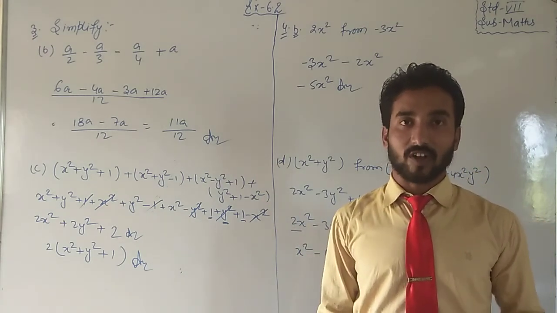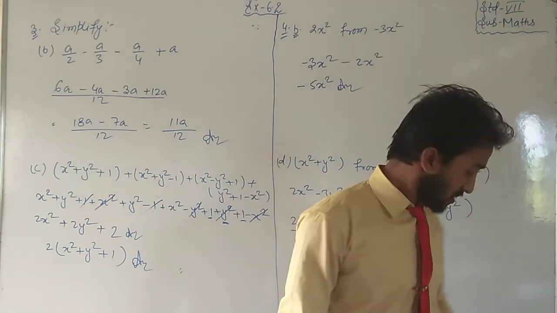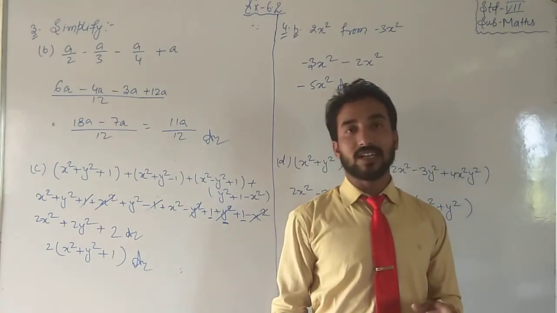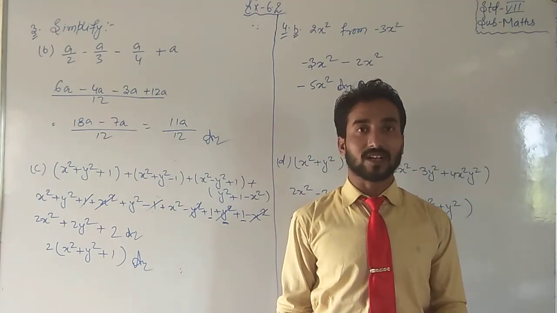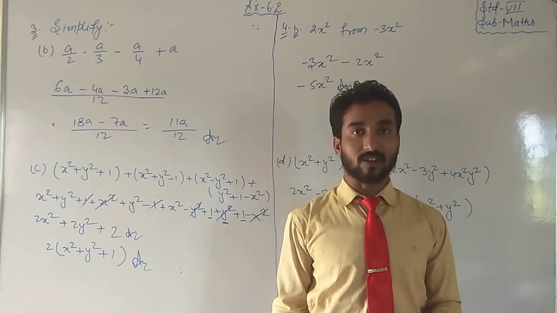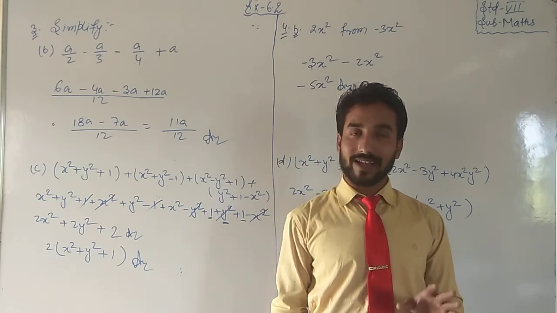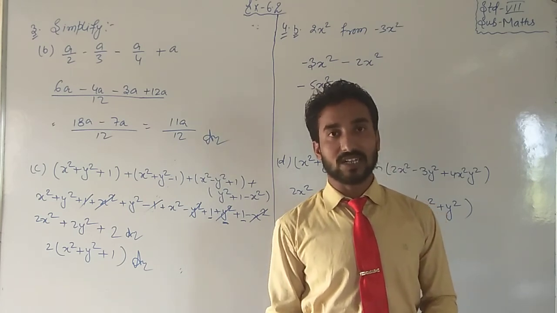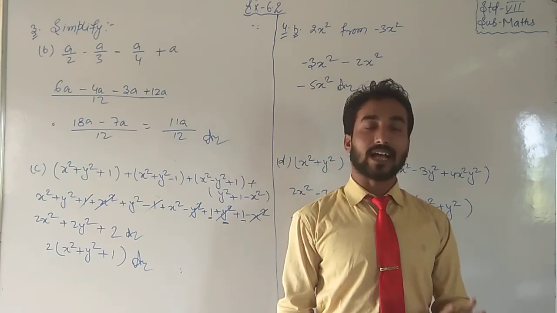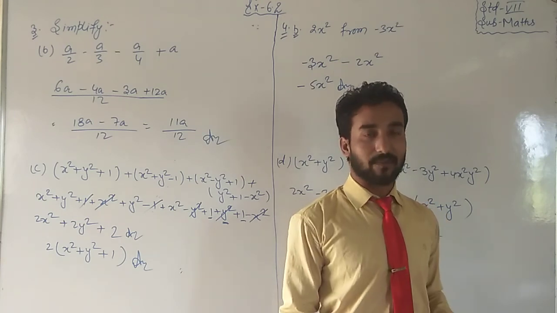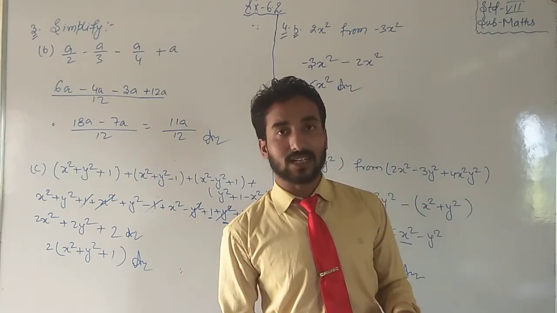Questions 5 to 10 will be done in the same way. I am believing in you that you will attempt all the questions. But if anybody has a problem, you can send a message, you can ask me personally, and if required, I will make another video of this chapter. Okay, sir. So till then, bye bye, thank you.